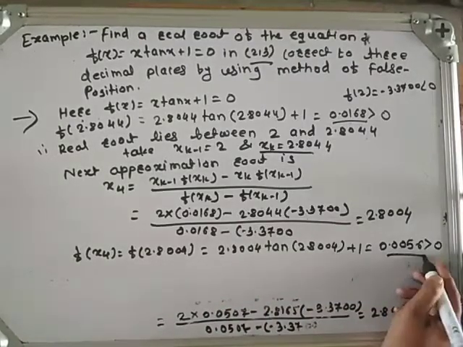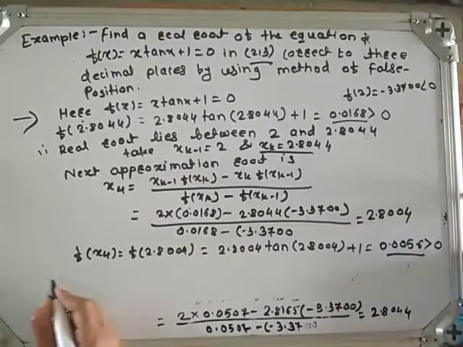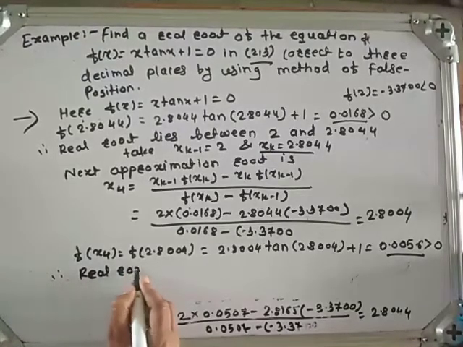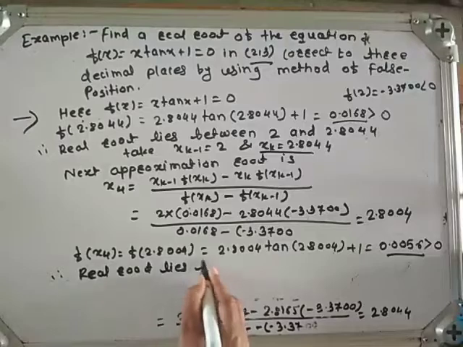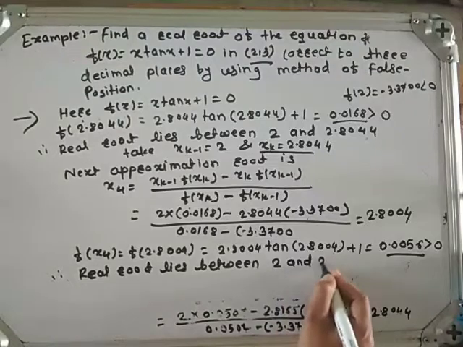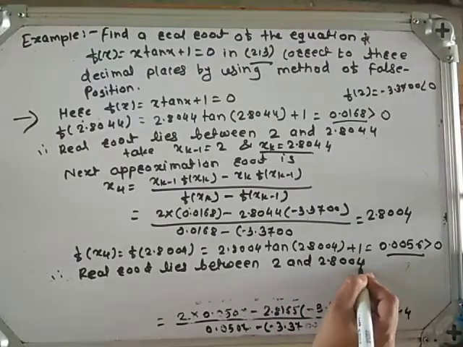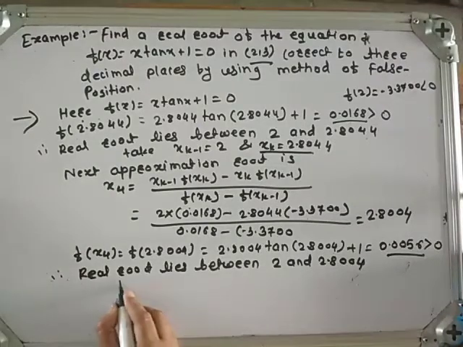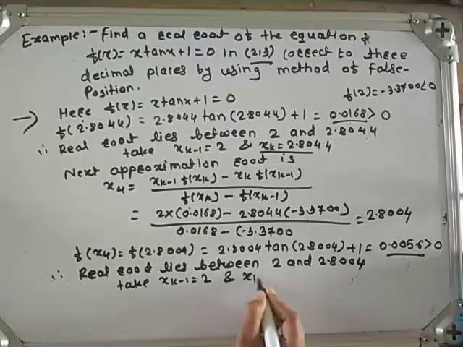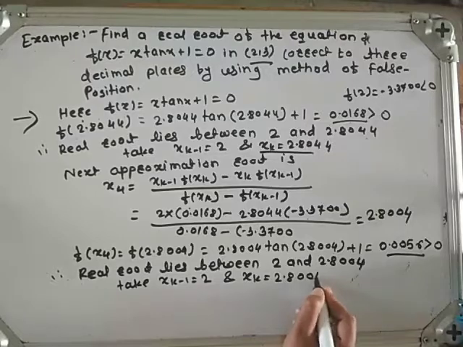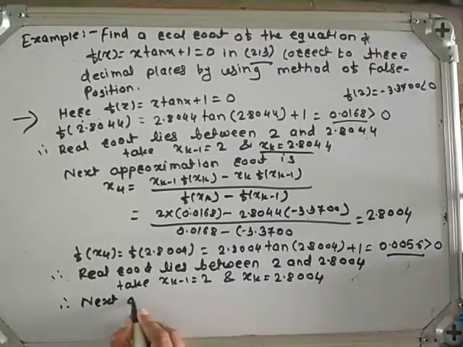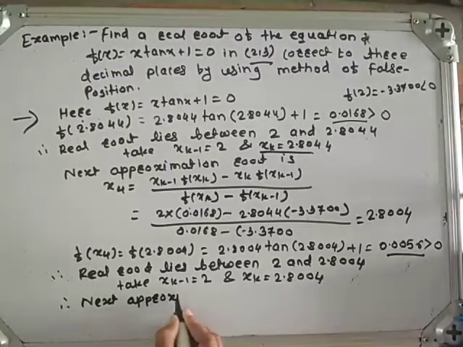Here this value is positive and f of 2 is negative, therefore the real root lies between 2 and 2.8004. Take xk minus 1 is equal to 2 and xk is equal to 2.8004.